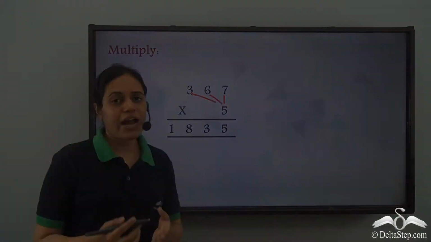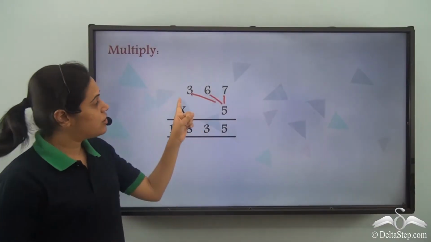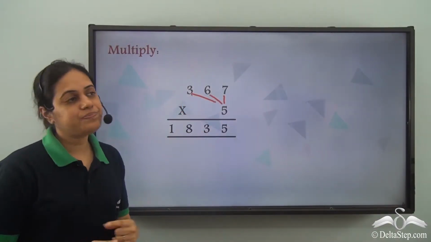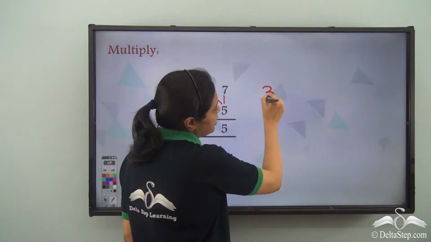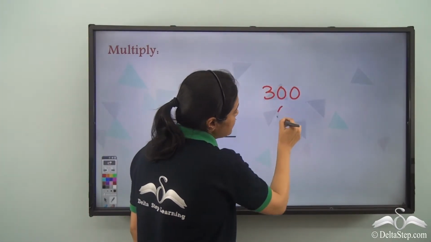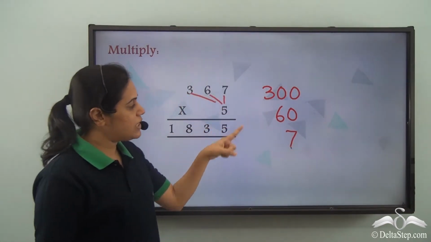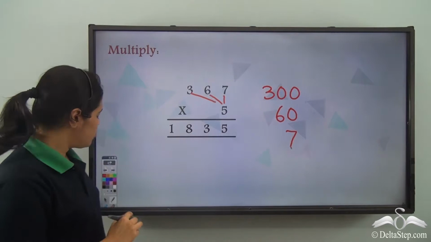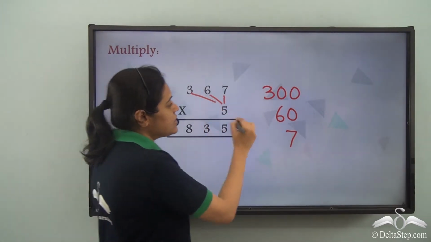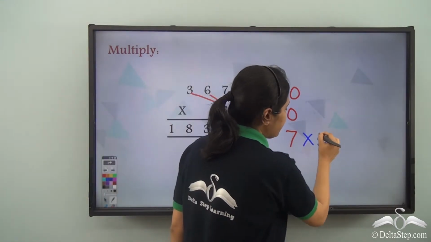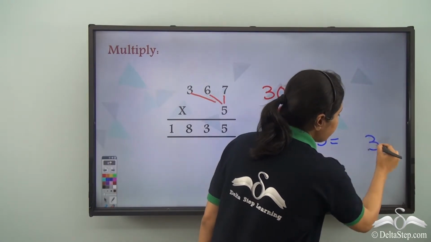Now let us see why this method works. 367 can be written as 300 plus 60 plus 7. Now I need to multiply by 5. So if I multiply 7 by 5, I get 35.